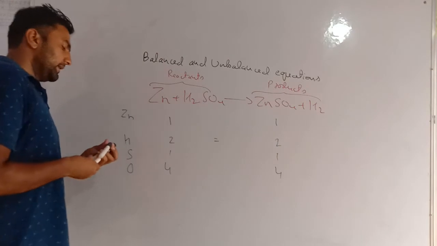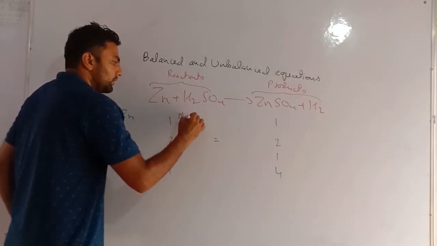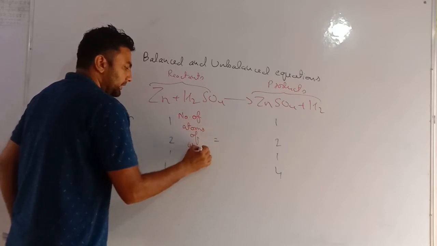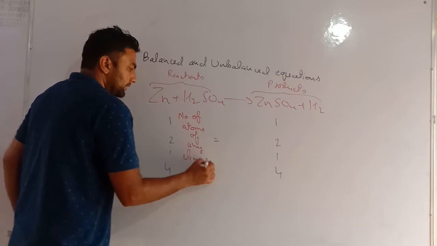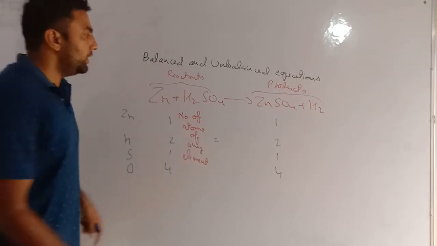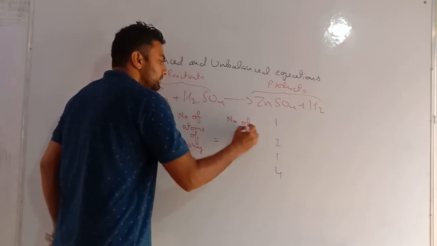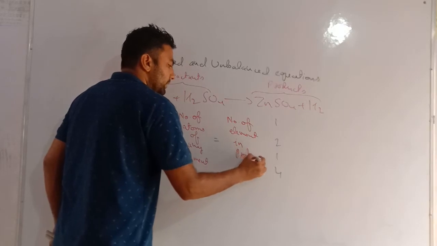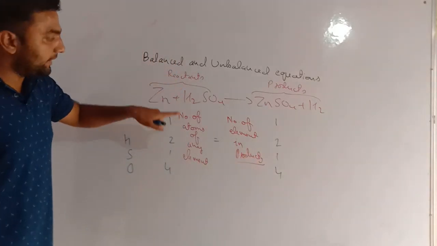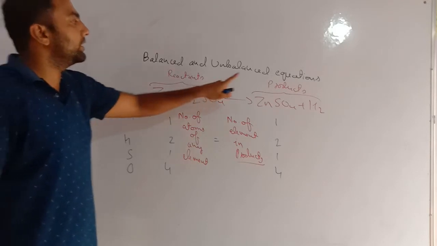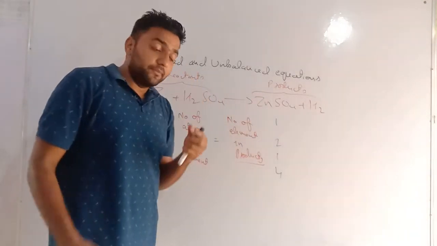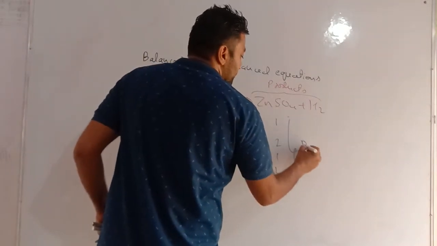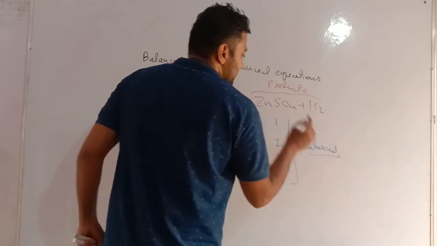You can see that the number of atoms of any element in the reactants is equal to the number of atoms in the products. Yes or no? Such an equation is known as a balanced chemical equation.